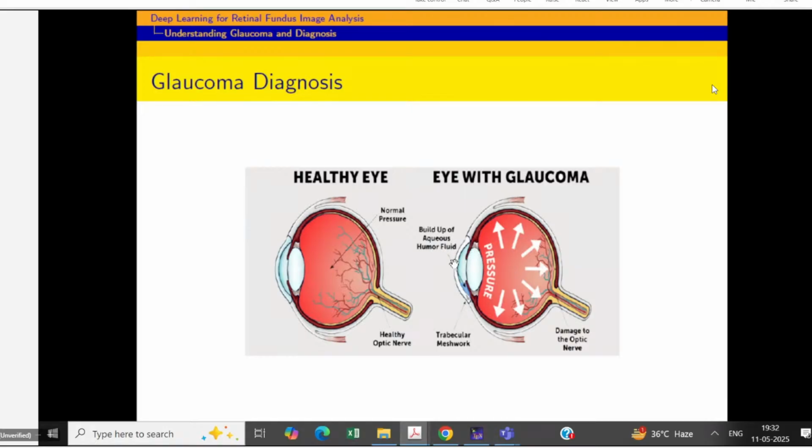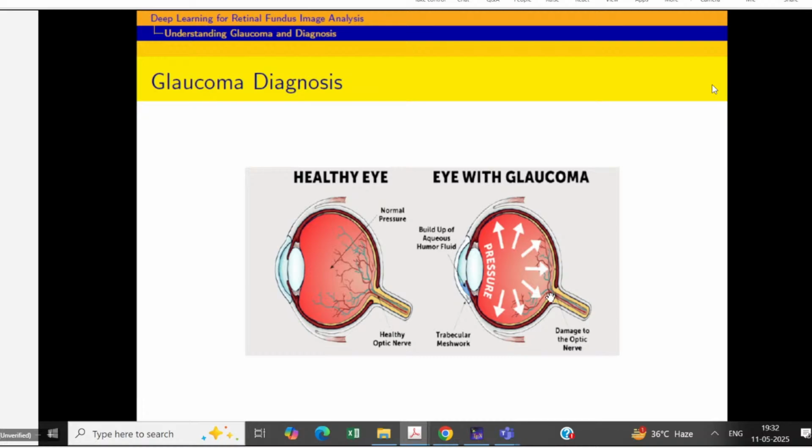But sometimes this fluid gets blocked and cannot drain out. If it is not drained properly, this creates pressure inside the eye, and because of that there can be damage to the optic nerve.